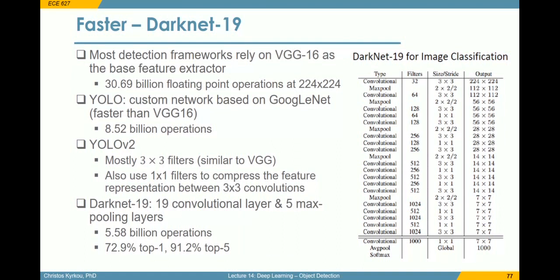And the network is pre-trained on ImageNet, and it mostly uses 3x3 filters with some 1x1 filters to reduce the parameter size and compress the feature representation. In total, it had 19 convolutional layers, that's why the naming, and 5 max pooling layers to reduce the spatial dimensions. And it achieved a similar accuracy to ResNet and VGG, but with less computational cost. This is on ImageNet.